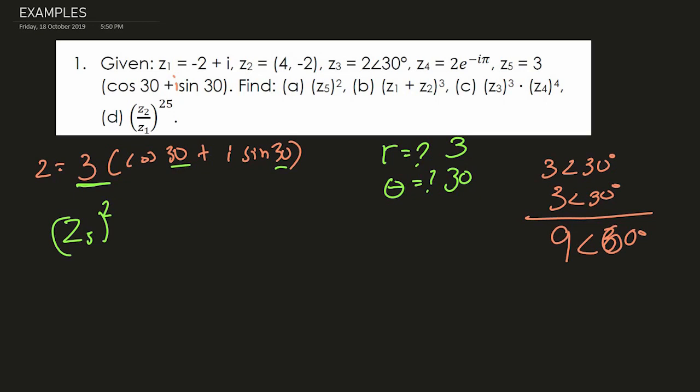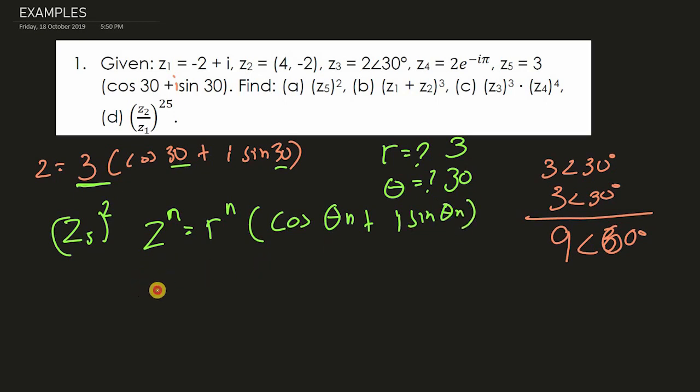Okay, now let's use the De Moivre's formula to check if tama yung sagot natin. So De Moivre's formula, z raised to n is r raised to n times cosine theta times n plus I sine theta times n.